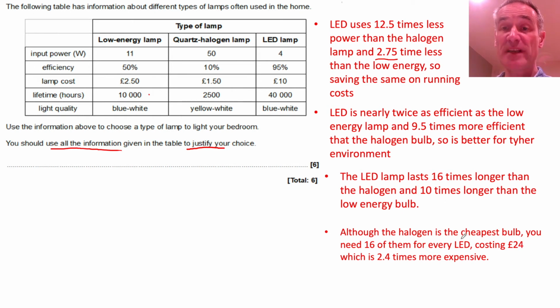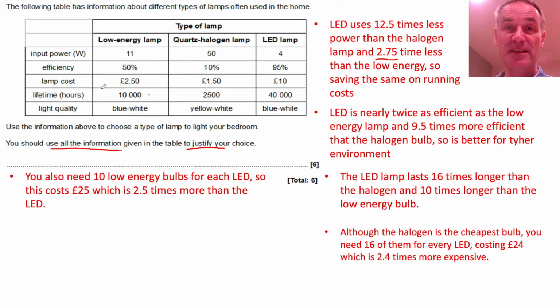So that is 2.4 times more expensive than the LED overall. And let's now compare the LED with the low energy. So again, we needed 10 of these low energy light bulbs for just one LED. So of course the cost of those would be £25, which is 2.5 times more than the LED.